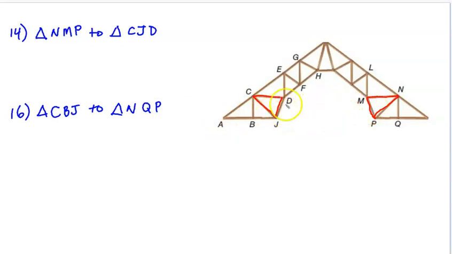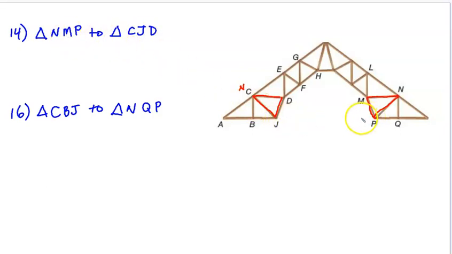We said that earlier, but notice how the order of the letters is a key component to this, because this says that N is mapped to C. In other words, point N would go where point C is.